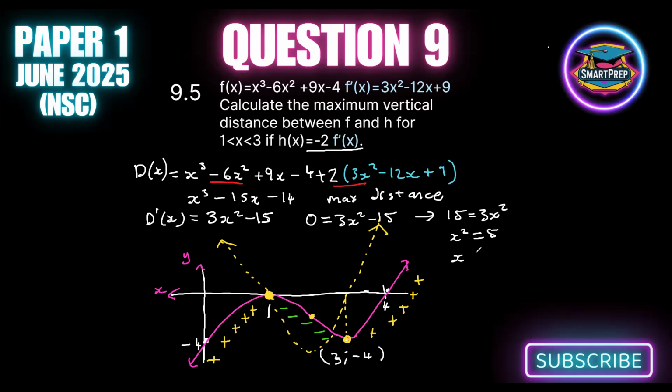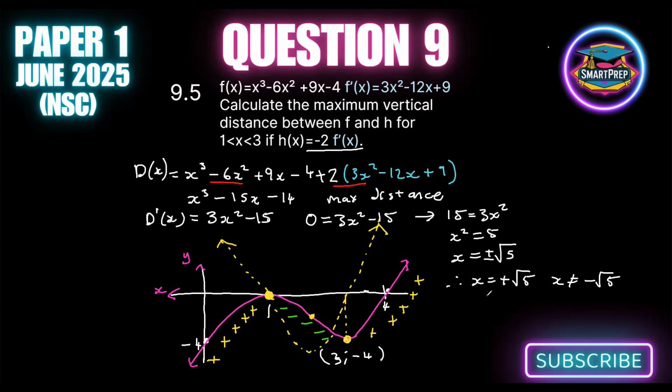And then we get x equals plus or minus root 5. Now, the answer is between 1 and 3, so it's not the negative value. So x is equal to the positive root 5, but x is not equal to the negative root 5 because of the restriction.